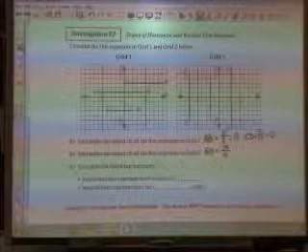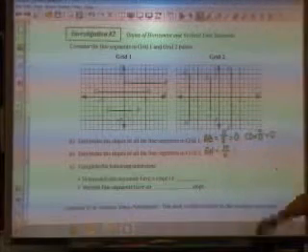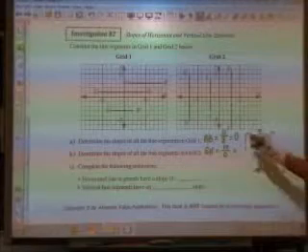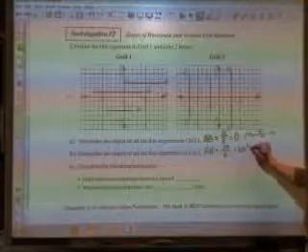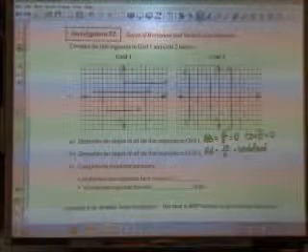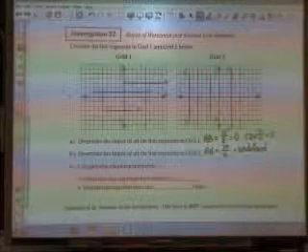Can't divide by 0. I can't divide something into nothing, or I can't divide something by nothing. So what we write is we say that it is undefined. So dividing by 0 means that it is undefined.